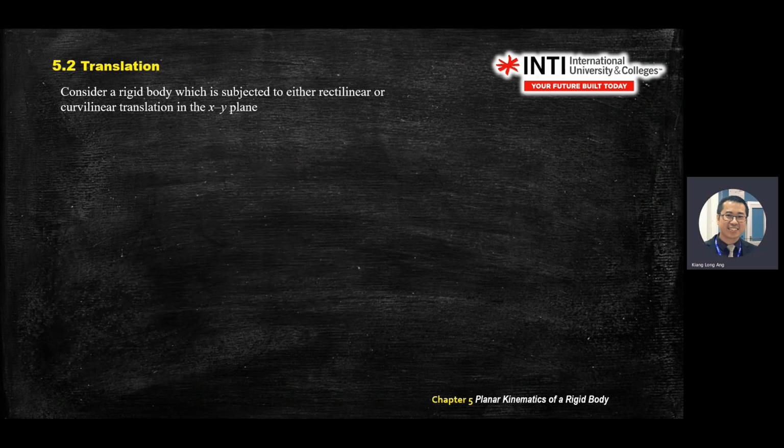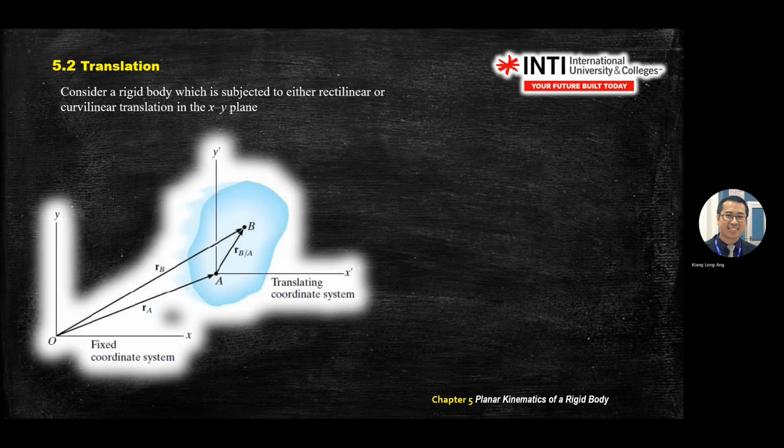Okay, we try to derive some equations. Don't worry, you've seen this one before in chapters 1, 2, 3, 4. Now we only look at the motion of the body. You have a primary reference plane with its x and y. And you have your translating coordinate, meaning you focus on the body.